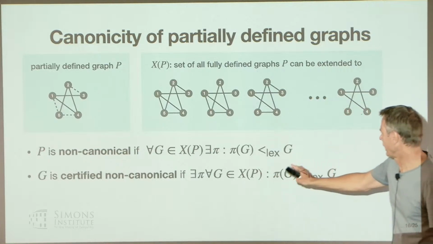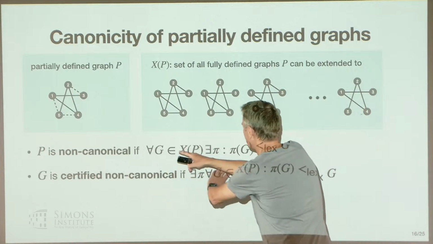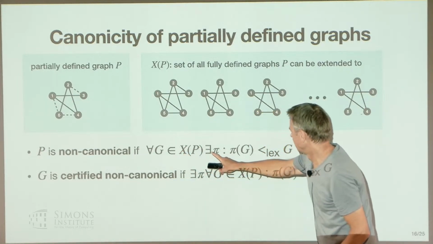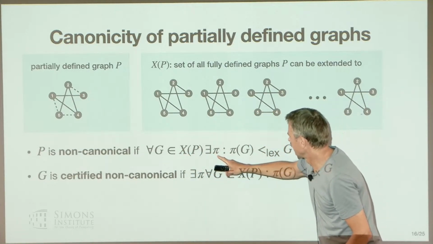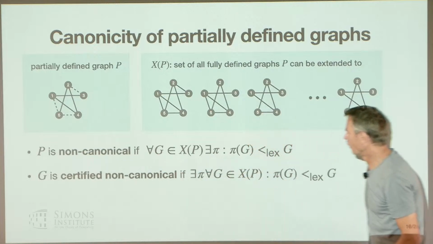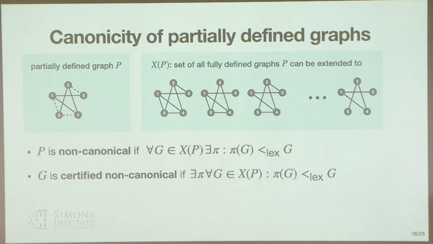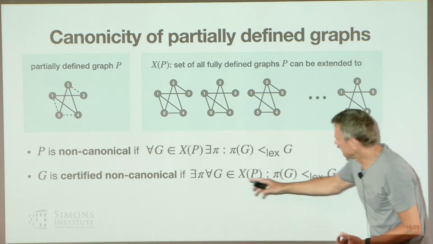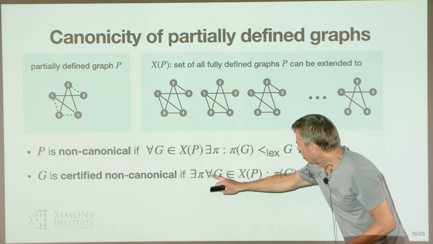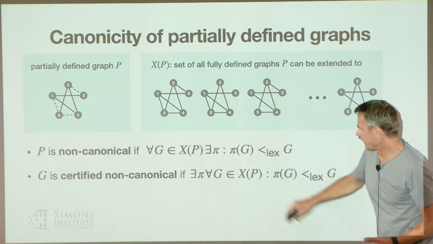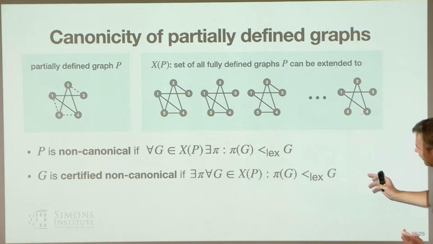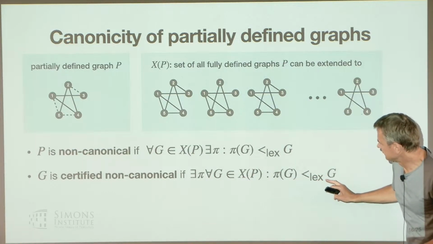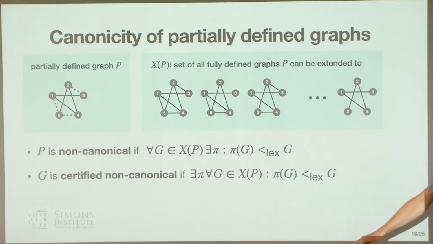There's a subtle change. We basically swap the quantifiers, the existence of the permutation and all graphs G in the set XP. We say there exists a permutation such that for all graphs in the set XP, applying this permutation gives us a lexicographically smaller graph.